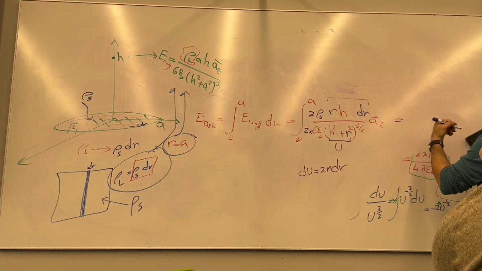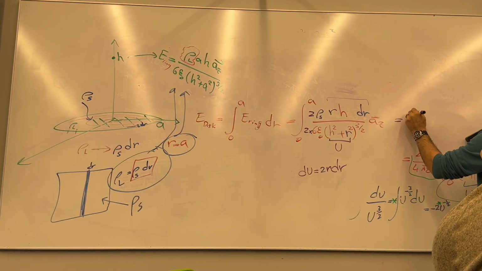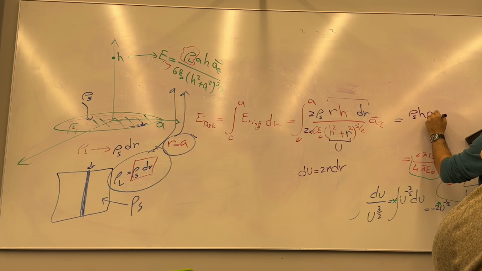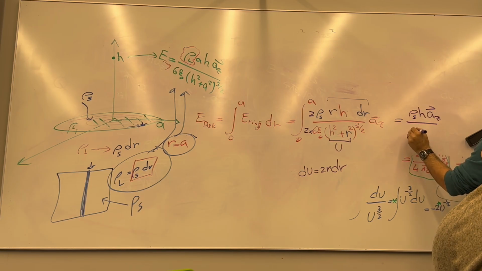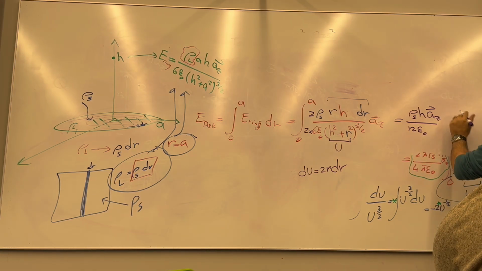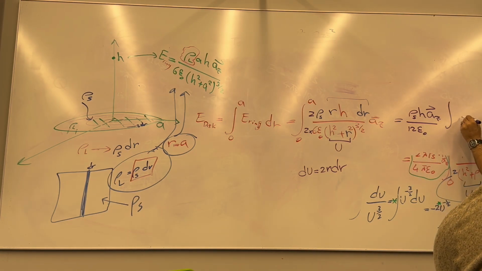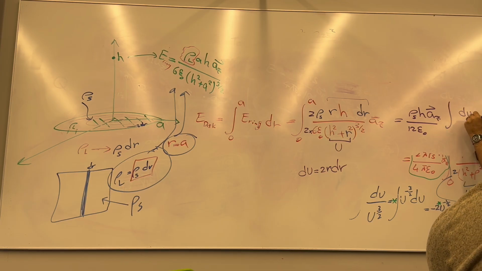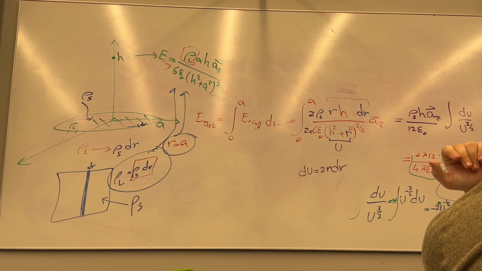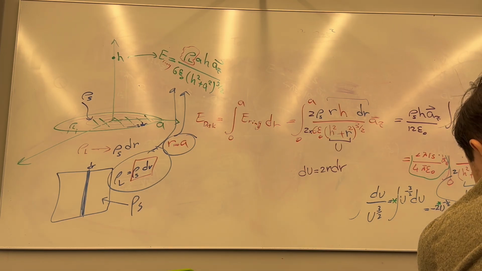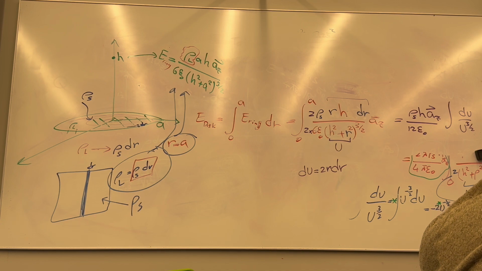Again, you take everything you don't need out. It's going to be rho s h a z over 12 epsilon 0 times the integral of du over u. So the result is going to be the same. Only this part is going to be a little bit different, I mean, the factors.